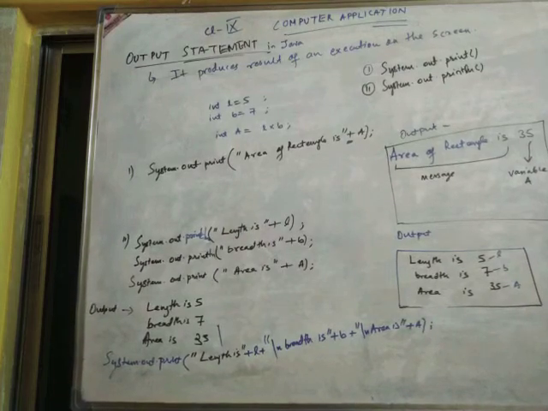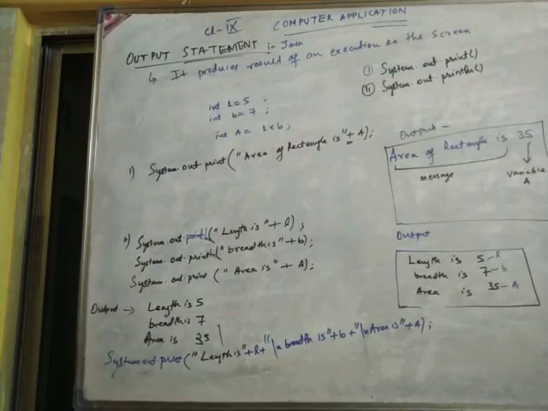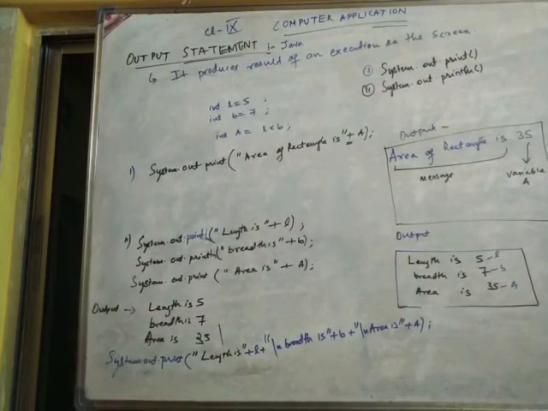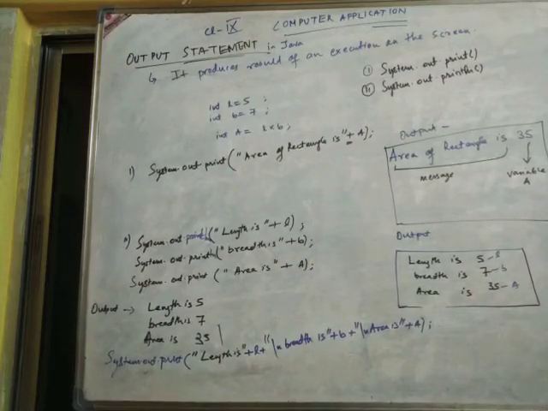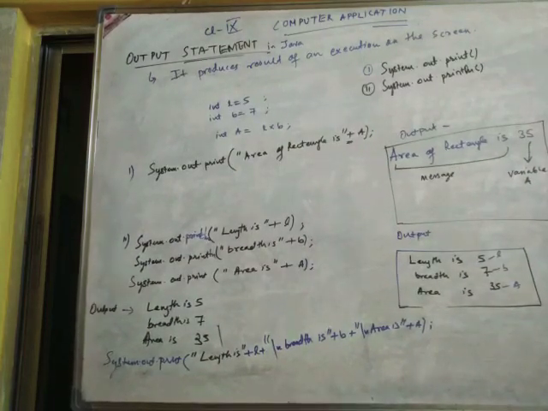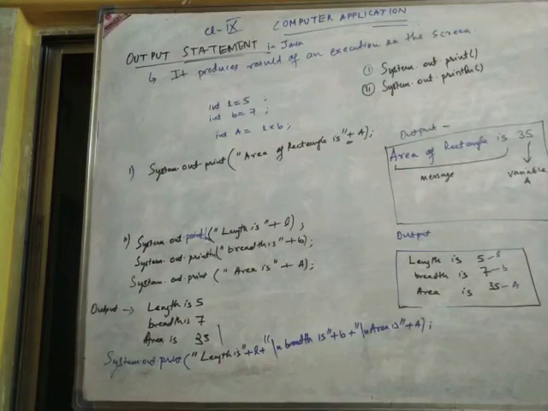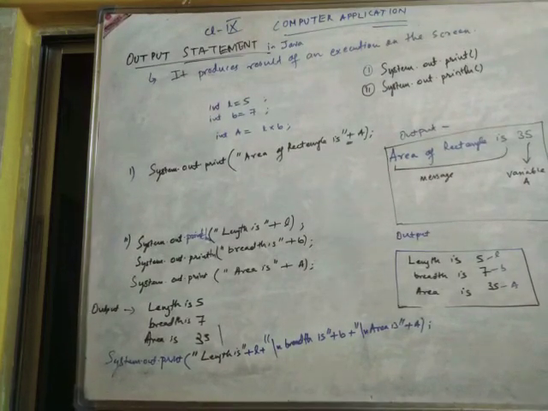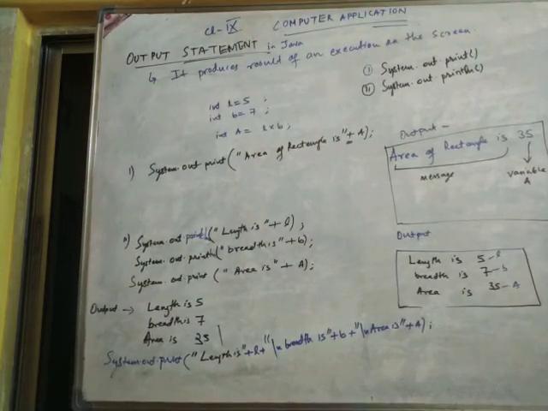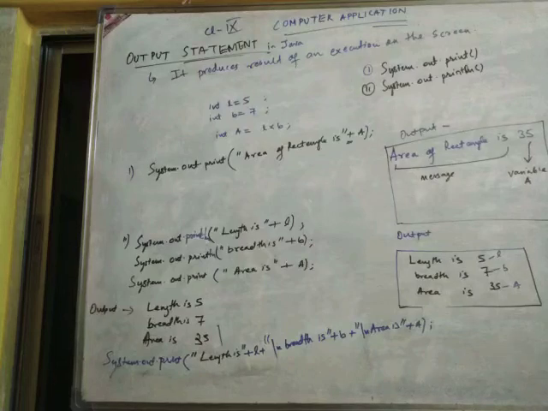So "length is 5" will come, then a new line, "breadth is 7" will come, then a new line, and "area is 35" will come. Whatever is in double quotation is a message, and a variable is added with a plus sign in between them. Clear? This is how we use System.out.print and println.